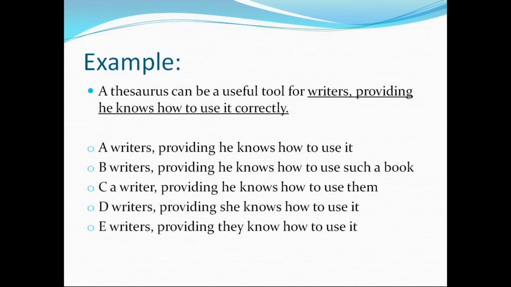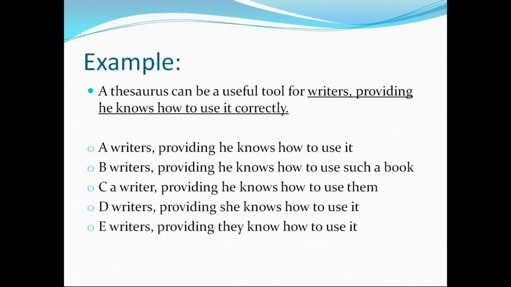So you can actually find the problem without knowing what thesaurus means. We could just say a dictionary. Imagine it said a dictionary instead of a thesaurus. So a dictionary can be a useful tool for writers, providing he knows how to use it correctly. So the question is then, what would be wrong with that sentence?